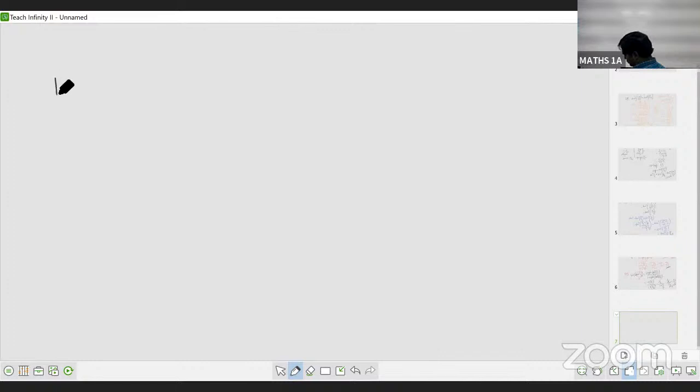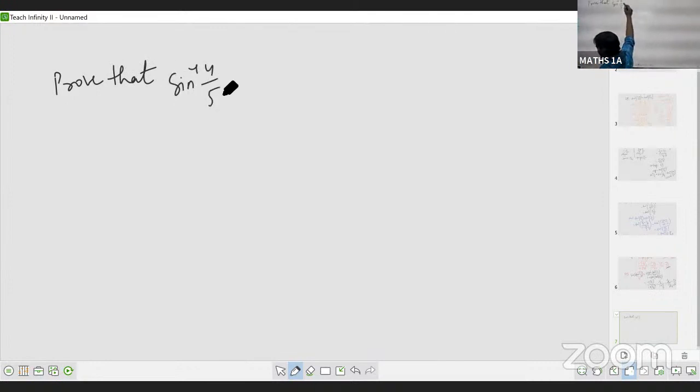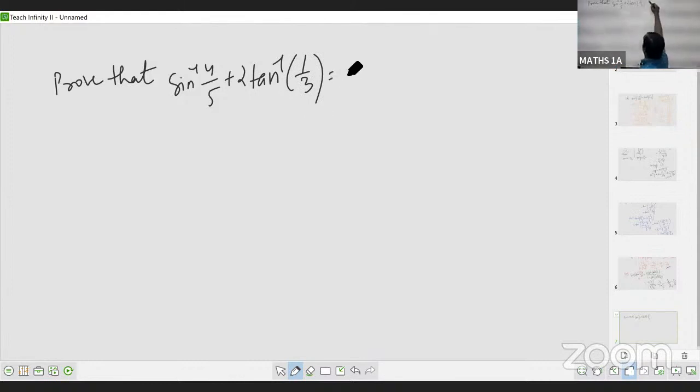Next, do that: sine inverse 4 by 5 plus 2 tan inverse of 1 by 3 is equal to pi by 2. Now, first 2 tan inverse.